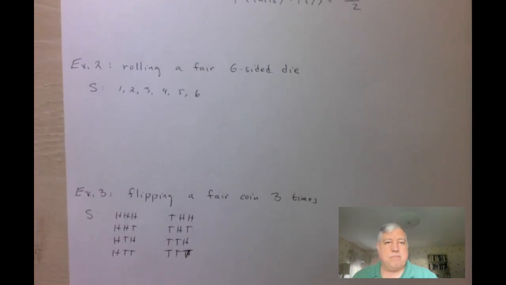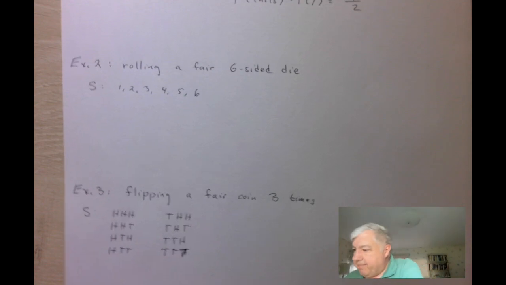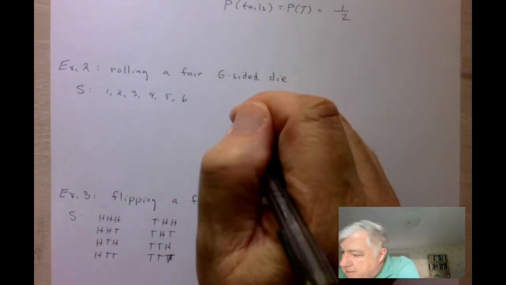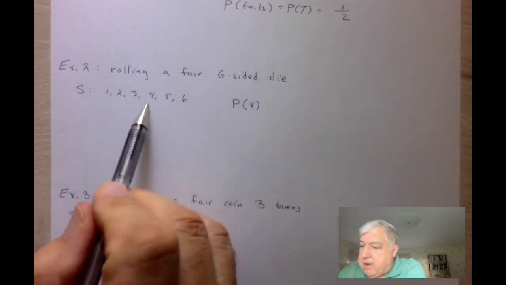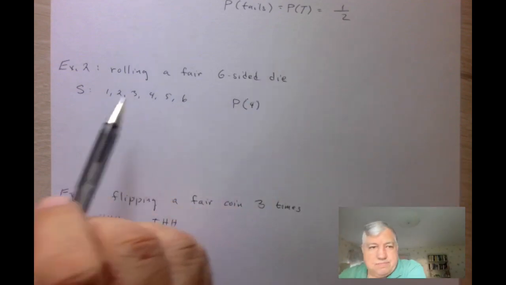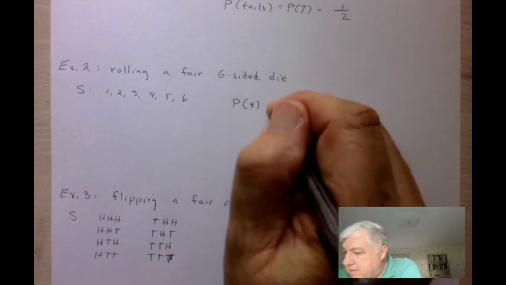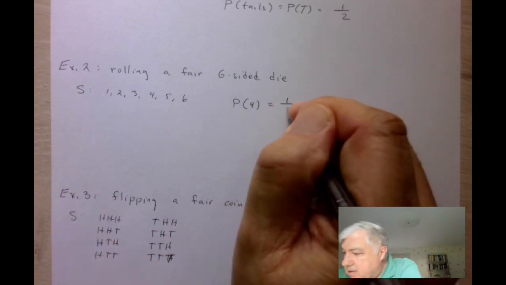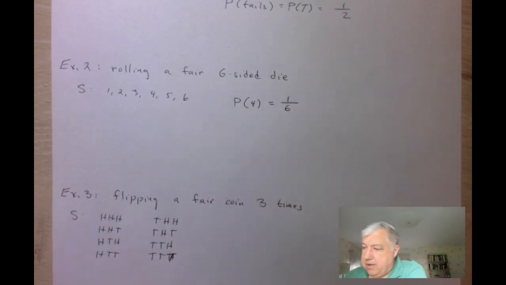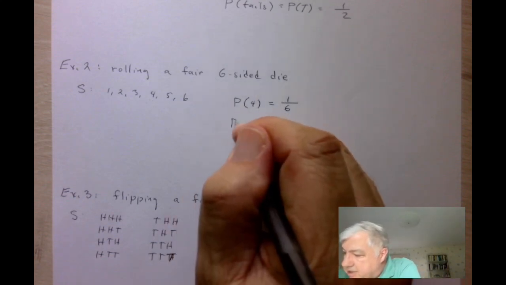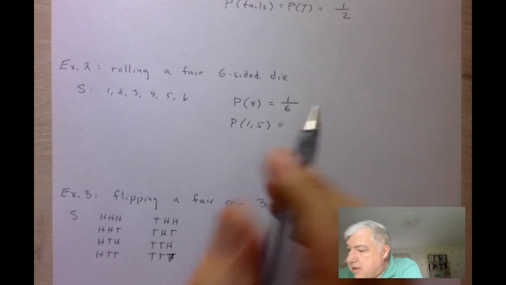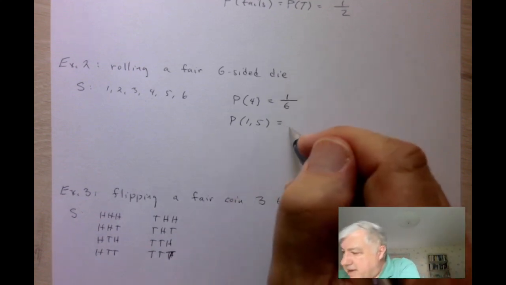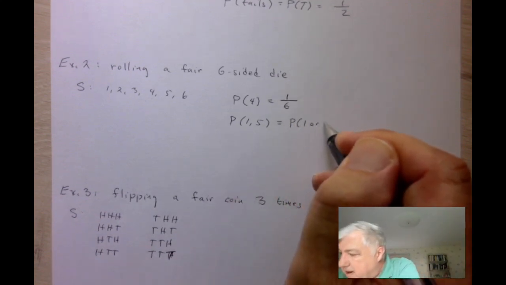In our next example of rolling a fair 6-sided die, if we wanted to talk about the probability of rolling, let's say, a 4. Well, 4 is just one outcome out of 6, so the probability of that would be 1/6. The probability of, let's say, 1 and 5, and when we write this, it's the same thing as rolling a 1 or a 5.